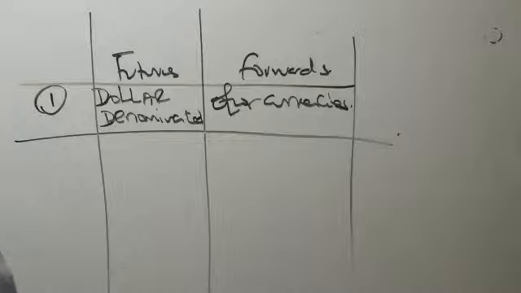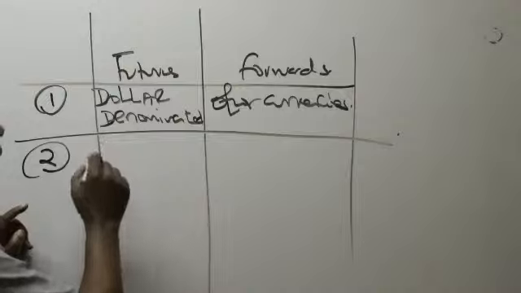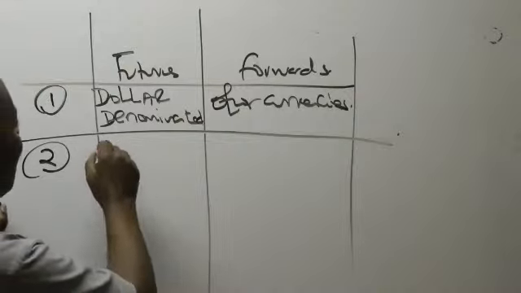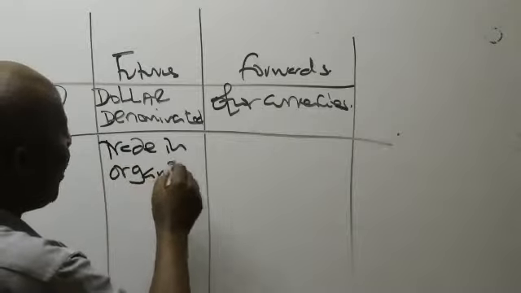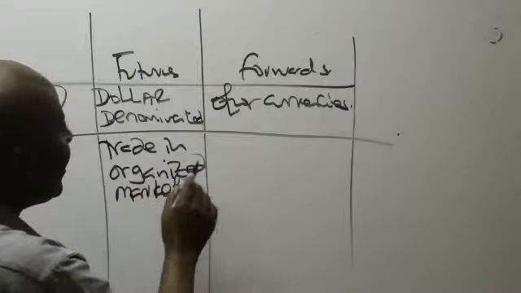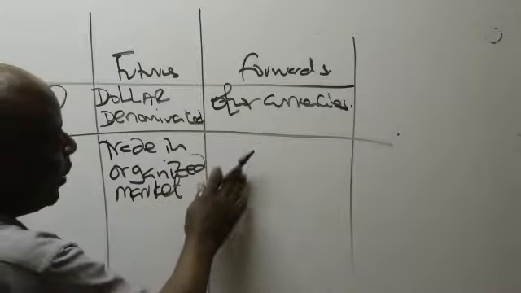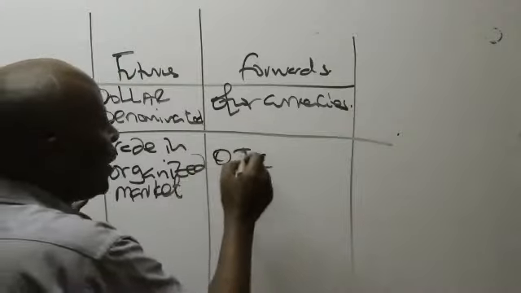Jesse anasema futures, in this case here, remember futures normally trade in organized markets. Zilianza kitambo sana kule America. Hizi forwards ni bure tu, hata hakuna contract. Hizi ni over the counter, OTC.